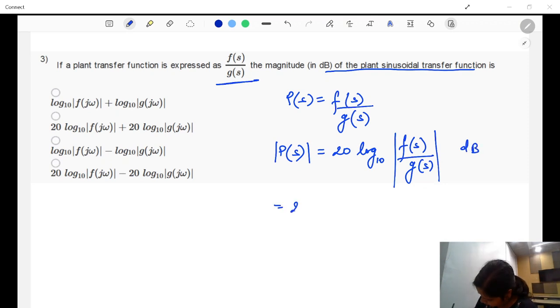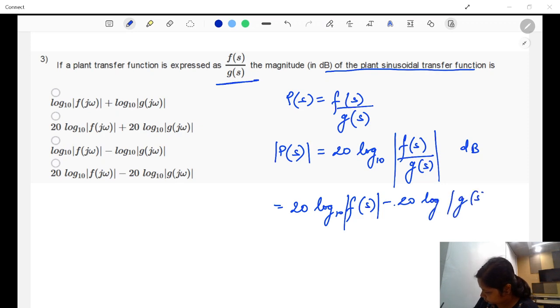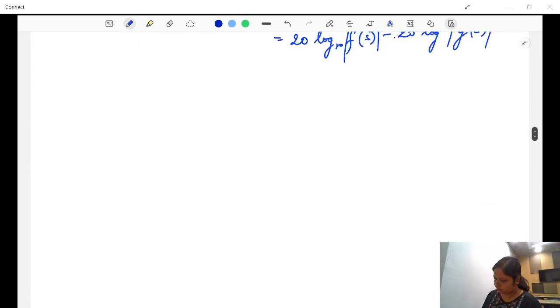How can you write this? 20 log 10 F(s) minus 20 log 10 G(s). It's this option. These are the basic principles of how log operates.